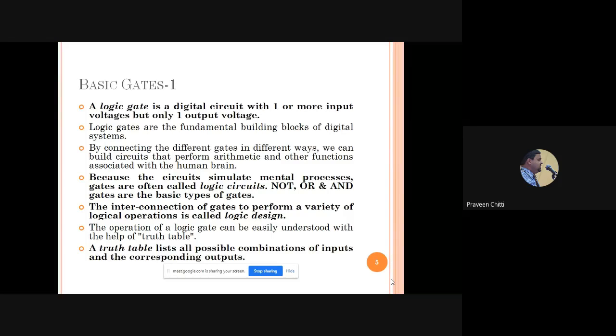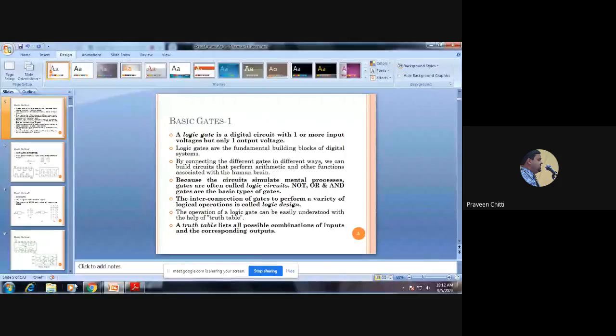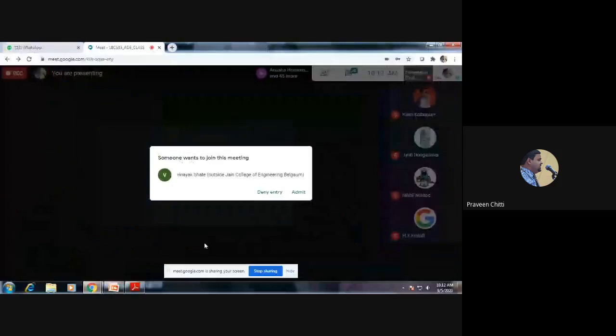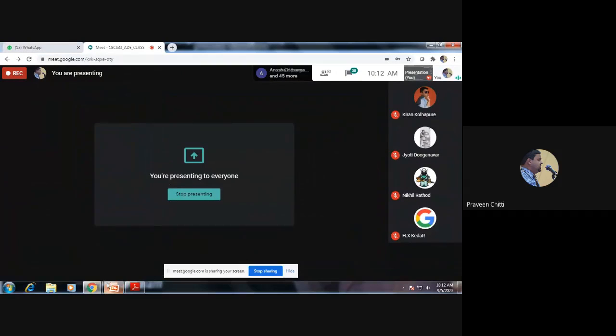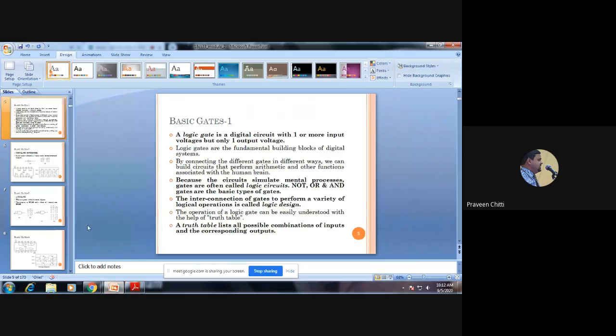So to represent these 2 states of a digital system, we need 2 voltage levels. Based on what voltage levels we use to represent the 2 levels, we have 2 different types of digital systems, called positive logic digital system and negative logic digital system.